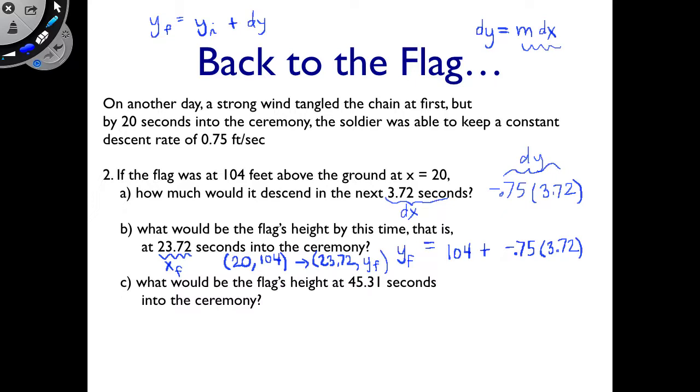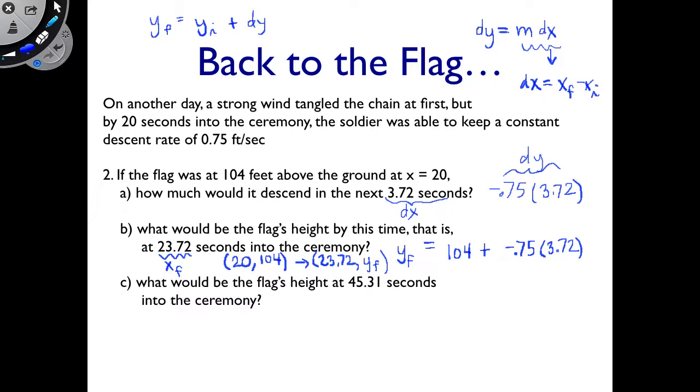Right, so dx, in the first problem we didn't really calculate it because we started at 0, and in the first 3.72 seconds, the flag lowered by a certain amount. So that was time 3.72 to 0. But dx is x final minus x initial, right? How much time has passed or how much time we're varying through.